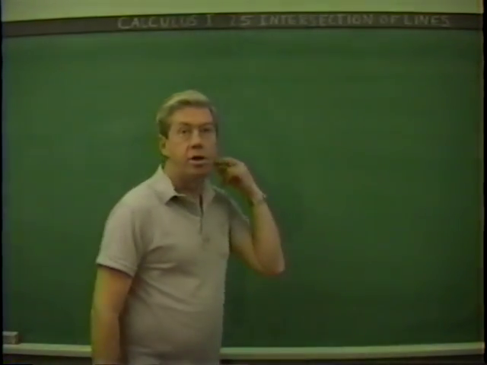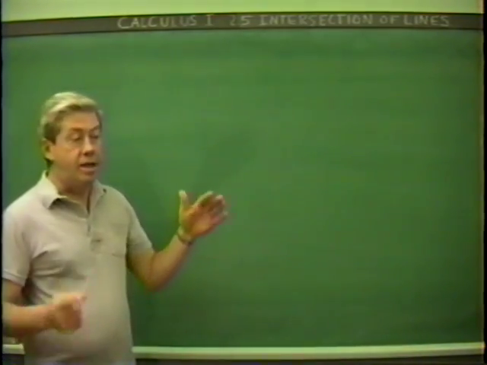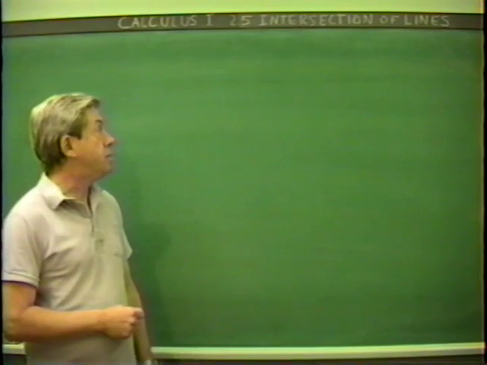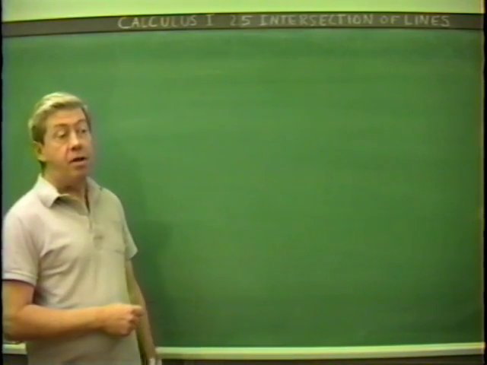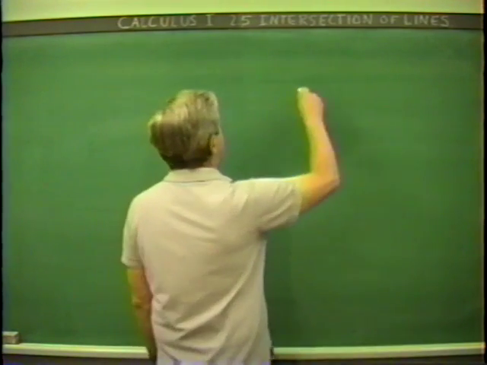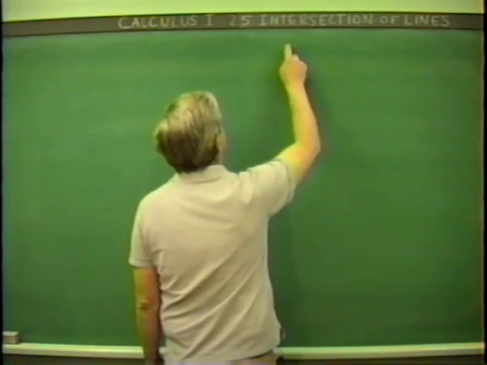We're going to consider the intersection of two lines. Two lines need not intersect. If they're parallel, they won't, in particular. And in fact, that's the definition of parallel. If they're parallel, they're not going to intersect. You've got two parallel lines which aren't vertical, and they have the same slope.